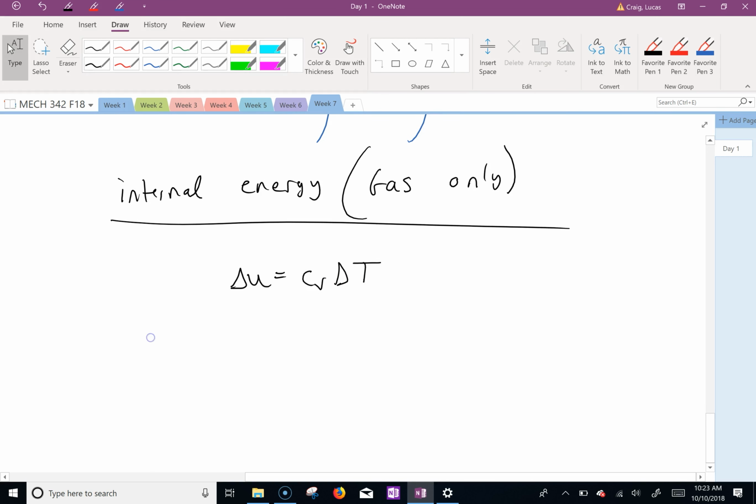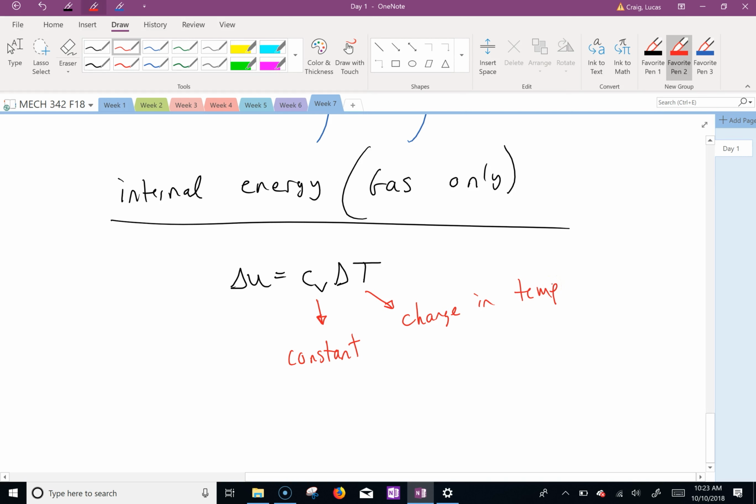I'm just going to give you the equation and we'll talk about it. They did experiments and they found that the change in internal energy, which we called U, remember that in the first law a long time ago, is a function of this constant, which is just a constant, and the change in temperature. Okay, they've done many studies, and this is actually true.